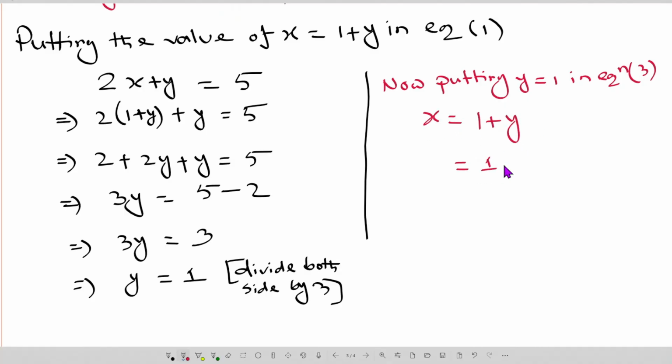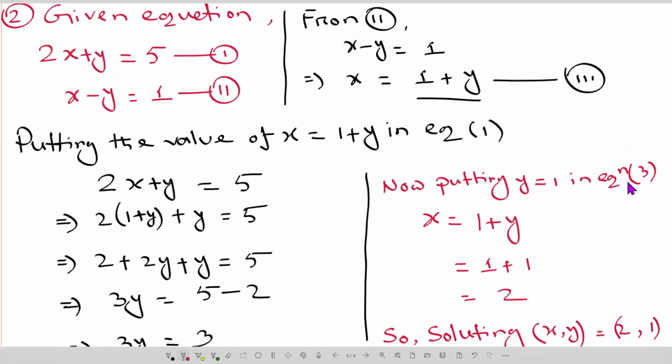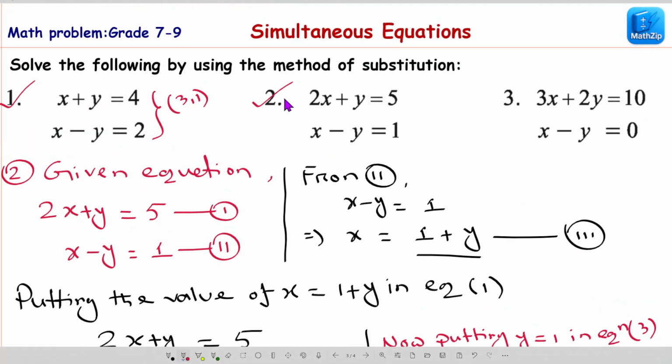So 1 plus y means 1 plus 1, which is 2. So solution: x is 2 and y is 1. So number 2 done, where x equals 2 and y equals 1.